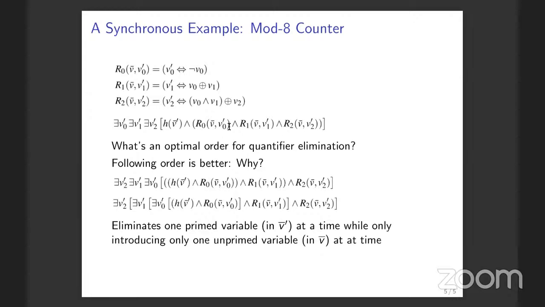Do things that have fewer dependencies on the unprimed variables first. So you can play with the order in which you choose the individual components to eliminate the variables over.